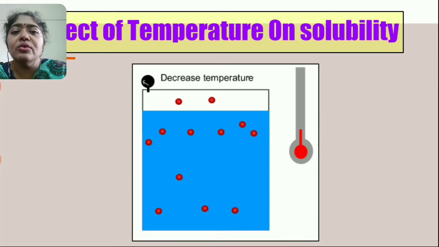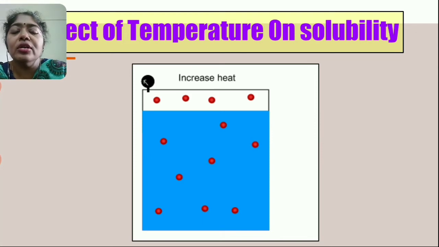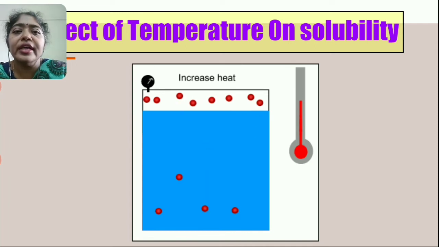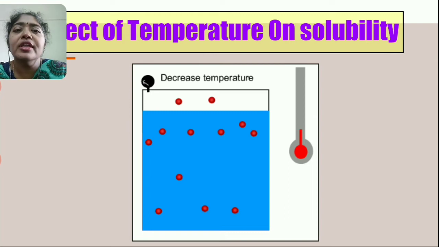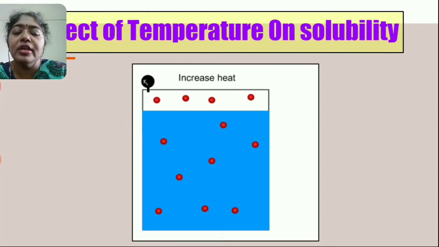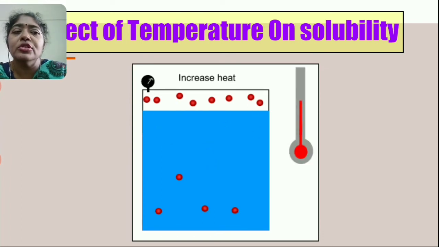And that is the reason why when you drink boiled water, you find there is a difference in taste. This difference in taste indicates that there is a difference in the solubility of the gases which were present in the normal water and now in the boiled water. So this should help you remember that there is an inverse relation between the temperature and solubility in case of a gas in liquid type of solution.